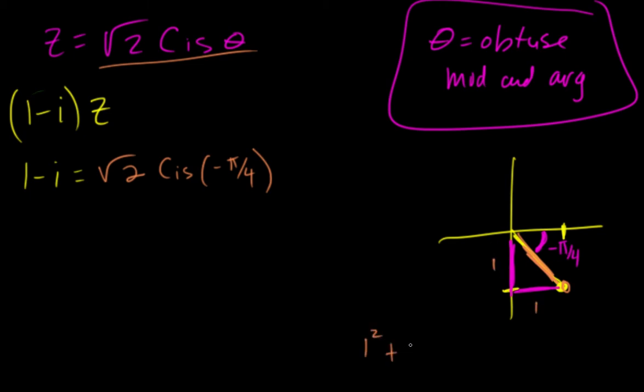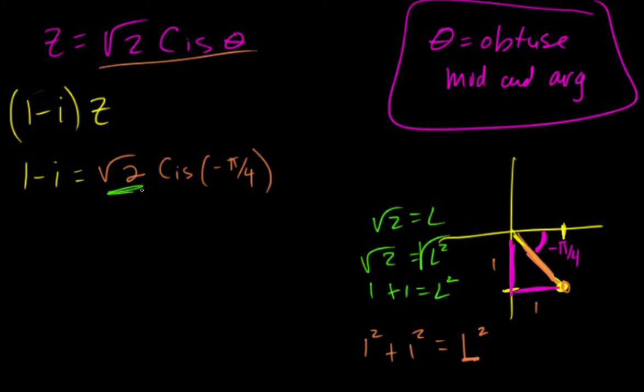So 1 squared plus 1 squared equals, I guess, length, let's do capital L squared. So that's going to be 1 plus 1 equals L squared. 2 equals L squared, square root, so the square root of 2 equals L.